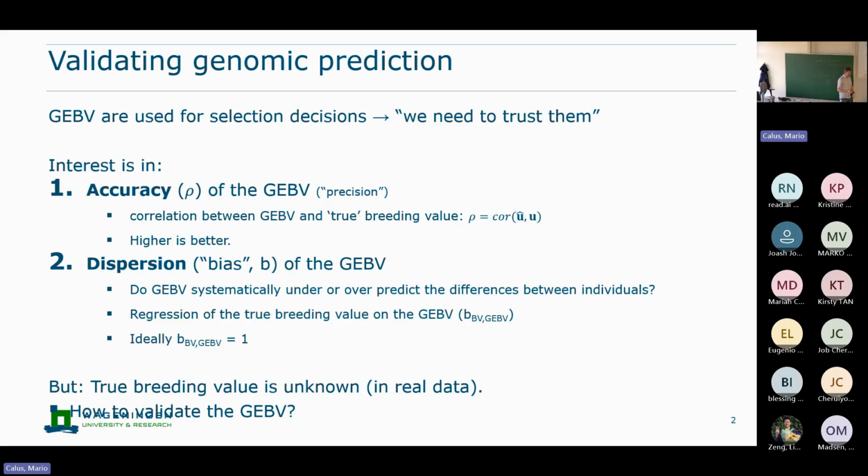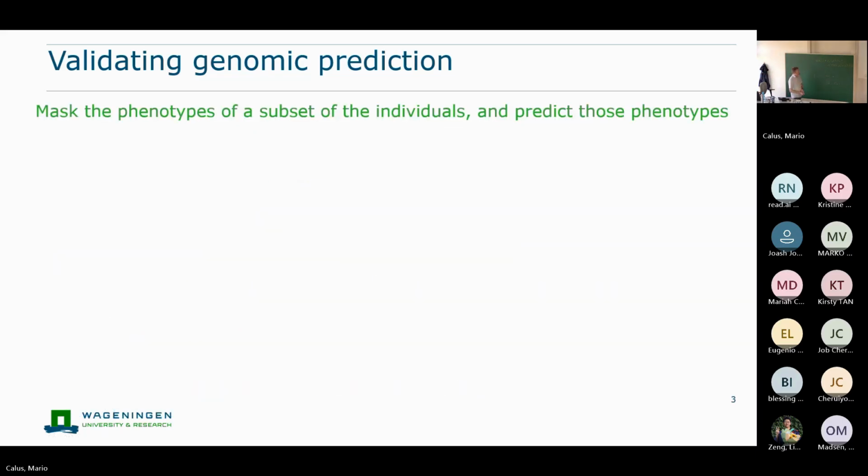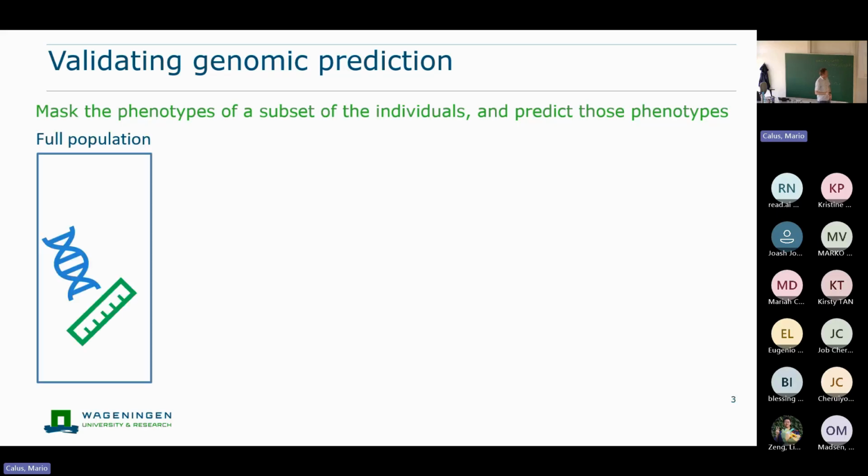So how do we then validate our genomic breeding values? What we do is we employ some validation strategy where we mask the phenotypes of a part of the individuals, and then we try to predict them.